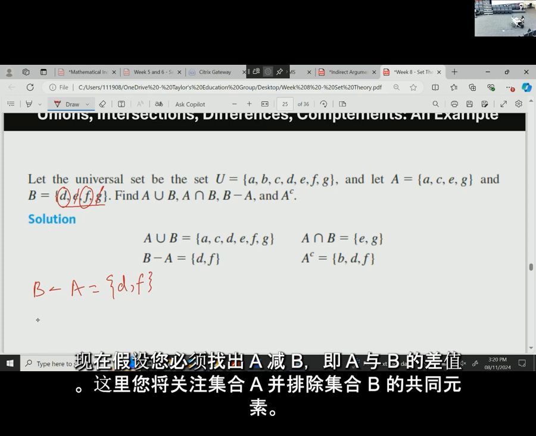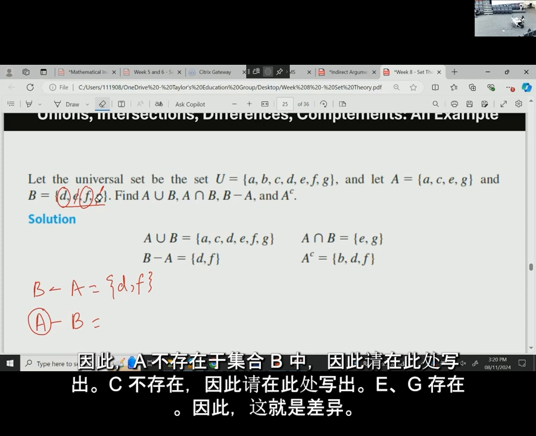Now let's say you have to find A minus B, the difference of A and B. Here you will focus on set A and exclude the common elements with set B. A is not present in set B, so you will write that over here.